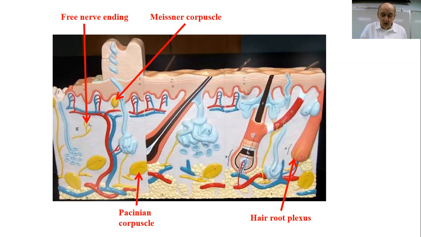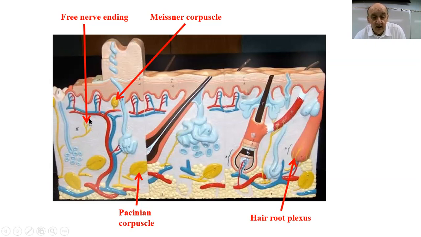So when we put all this together and come back to this question, name the general sense receptor on the skin model stimulated by touch. Well, all three of them are stimulated by touch, and structurally classified as a free nerve ending. So that brings us to the hair root plexus. This is the only one that is a free nerve ending and classified as a touch receptor.